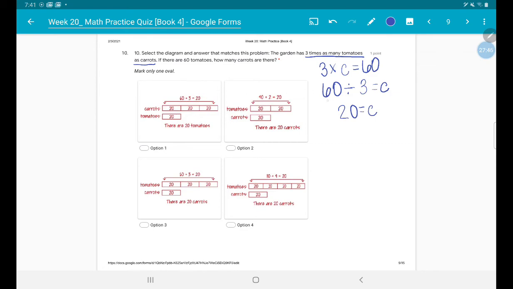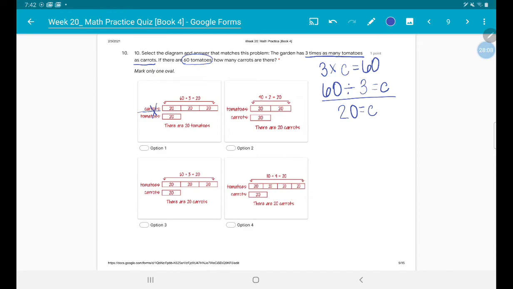So that matches my number sentence that I wrote. But the problem is here it's showing that there's 60 carrots, or 3 groups of 6 carrots. Our problem here tells us that the 60 represents the tomatoes. So that's not a correct representation.